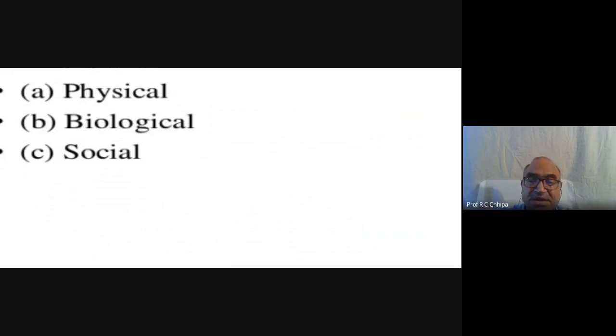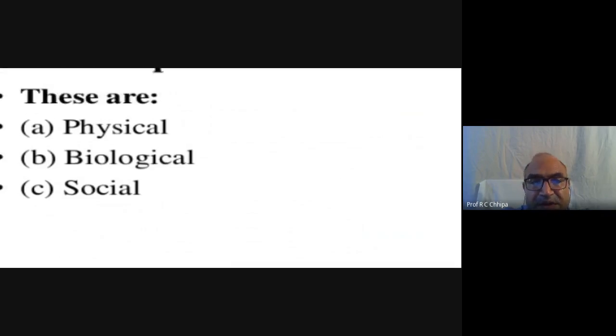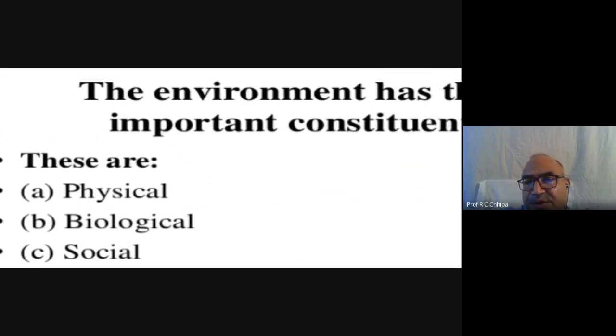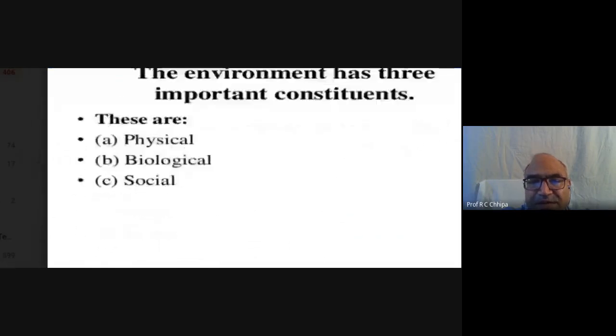In case of animals, different ones. So biological. And the third one is the social. So we can say these are the important constituents of the environment.